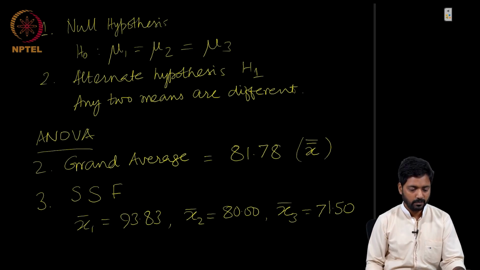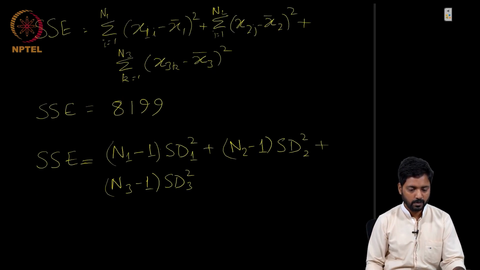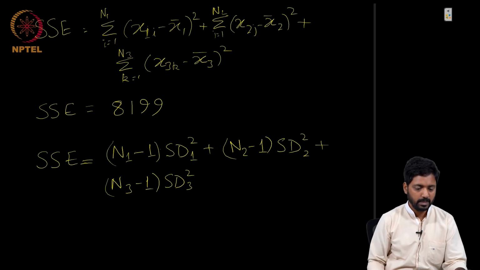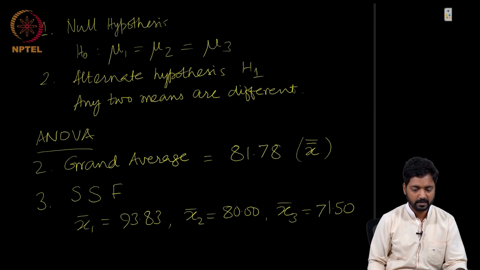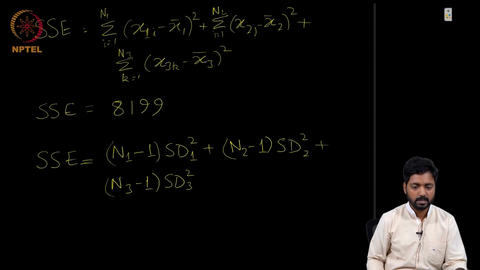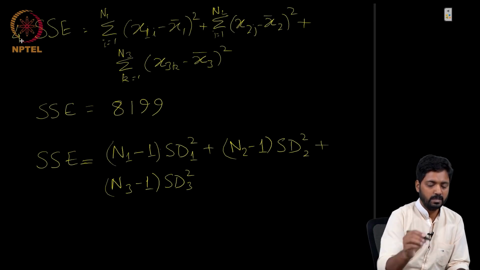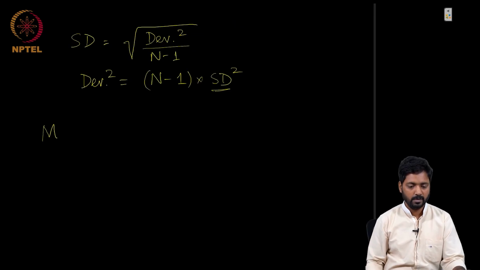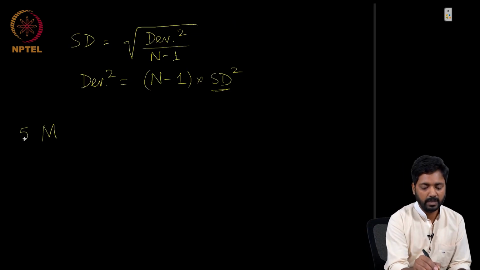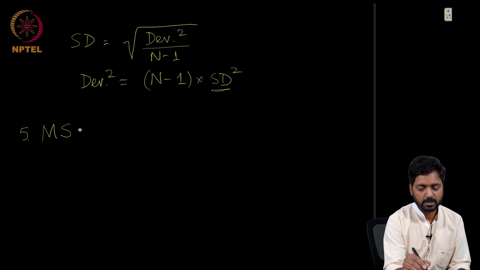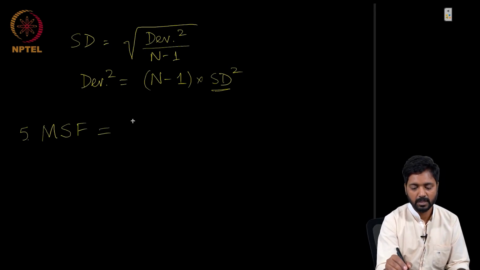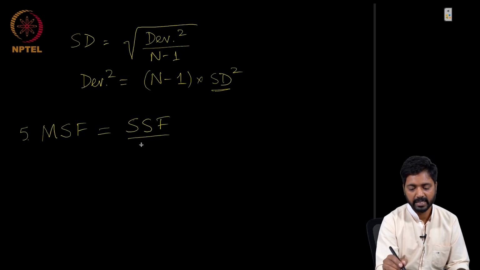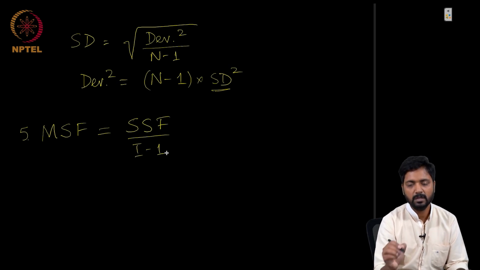In the fourth step we had already calculated the sum of squares due to errors, and in the fifth step we calculate the mean square factor, which is nothing but sum of squares due to factors divided by I minus 1.